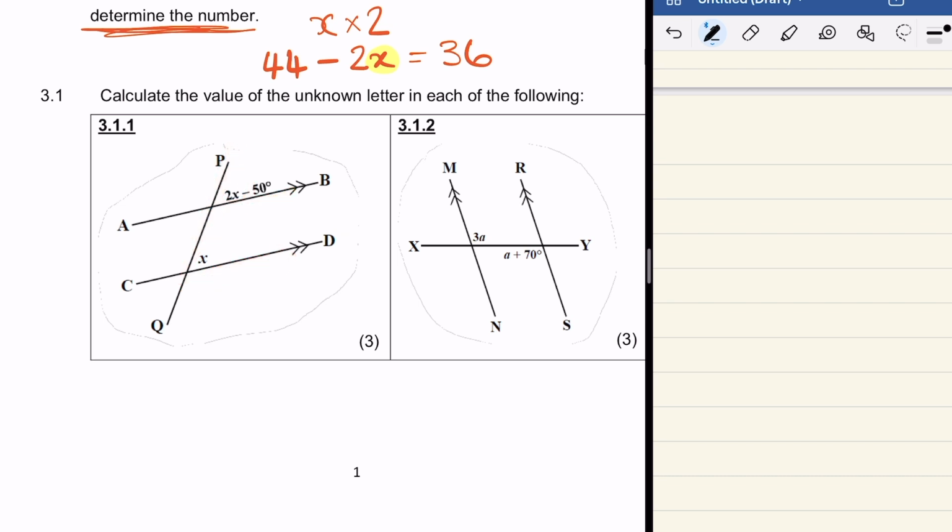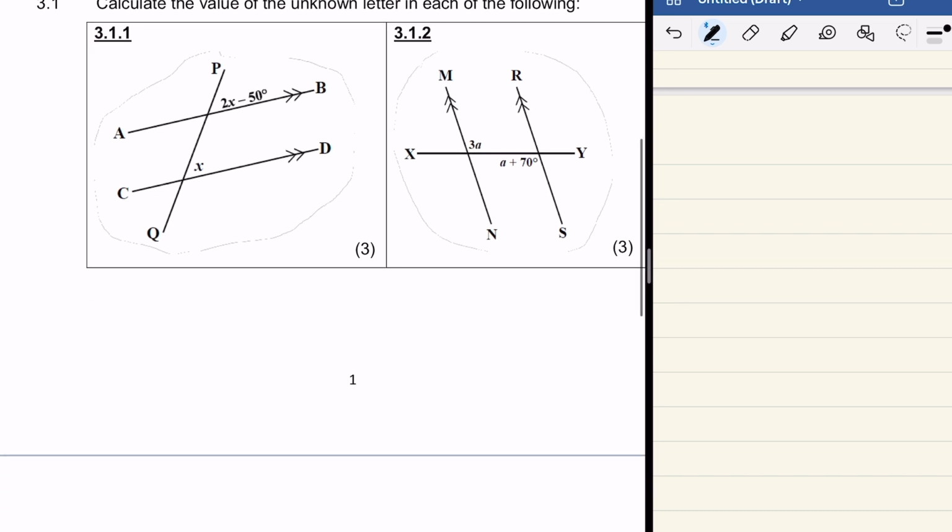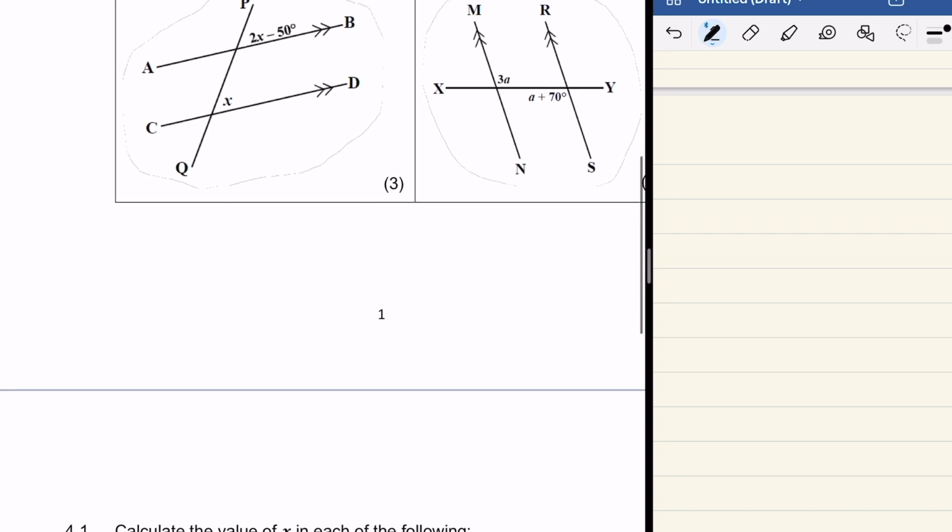That's an F, so corresponding, and then after that I need to remember that corresponding angles are equal. So that means my statement must be that angle X, this one here, is equal to this one here, angle 2x minus 50. They are equal. Why? Because I've identified them as corresponding, and I know that corresponding angles are equal.